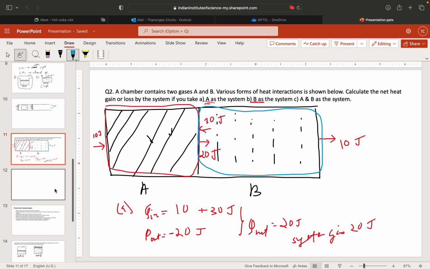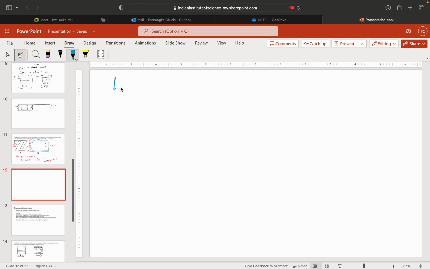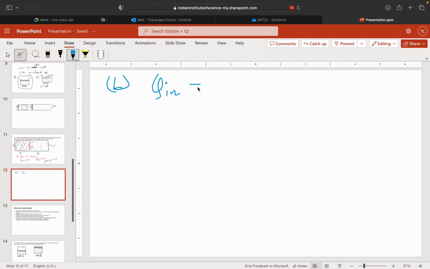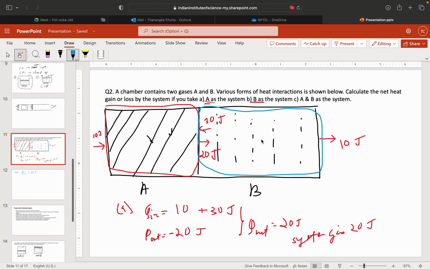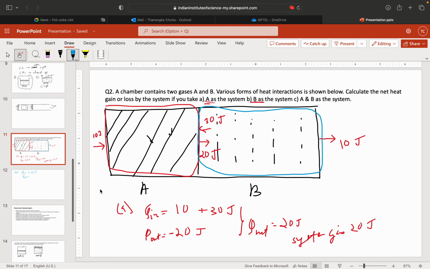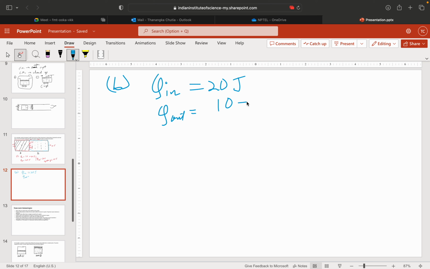Okay, so now for B, my Q in will be this 20, only 20, because the other arrows are going away from it. So my Q in will be 20 joule, and my Q out will be 10 plus 30, that is my 40 joule.